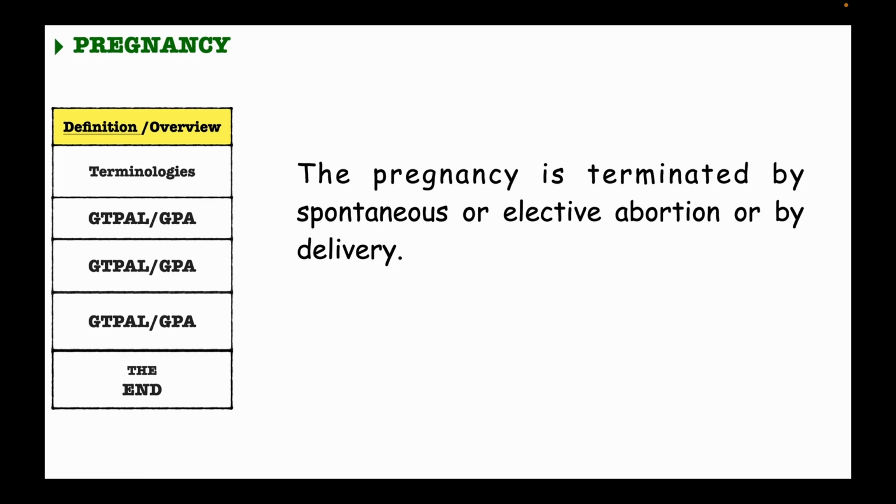Now let's move on to some terminologies that we need to know when we talk about pregnancy. The first being an embryo, which is the time of fertilization until the pregnancy is 8 weeks old. Now, the fetus is after 8 weeks until the time of birth.